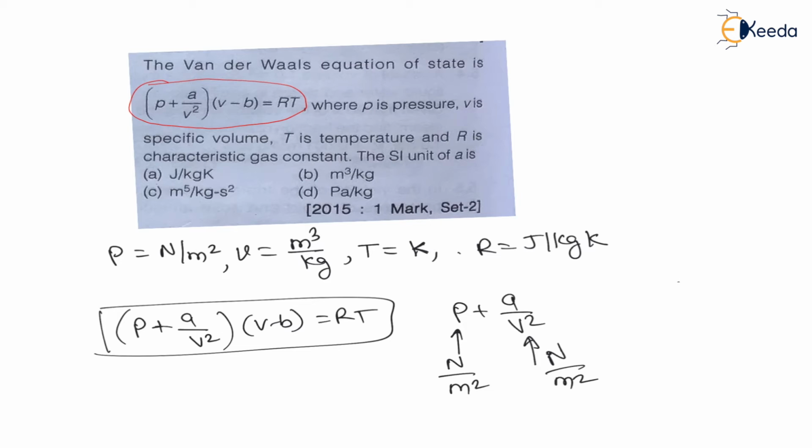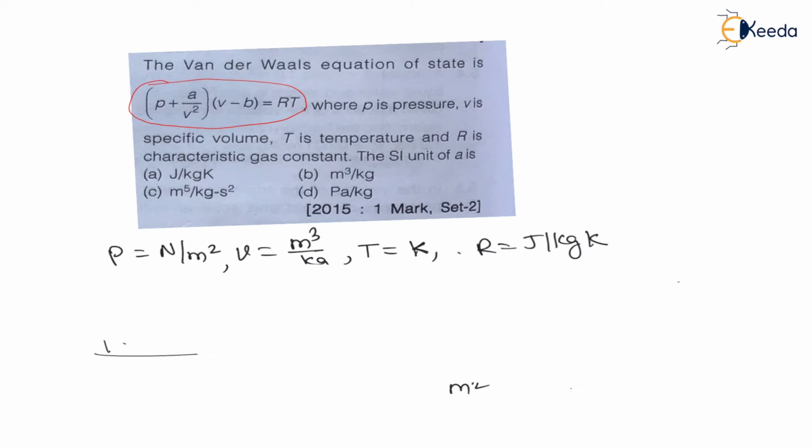V is nothing but specific volume, that is meter cube per kg. So let us put that there.